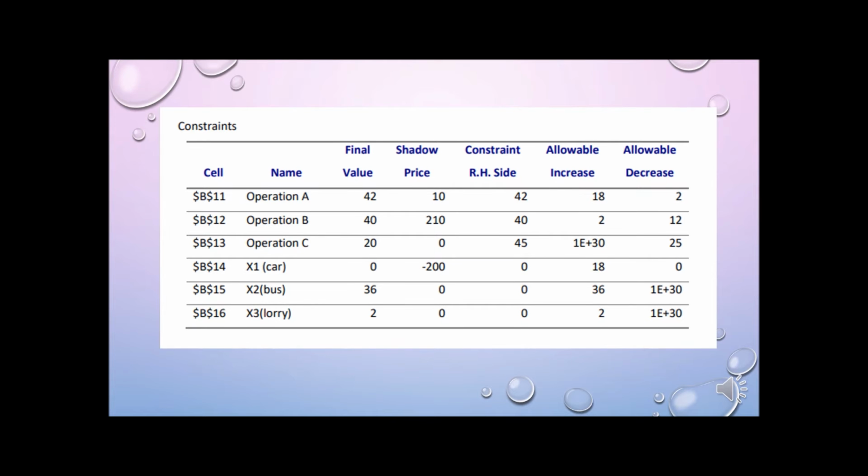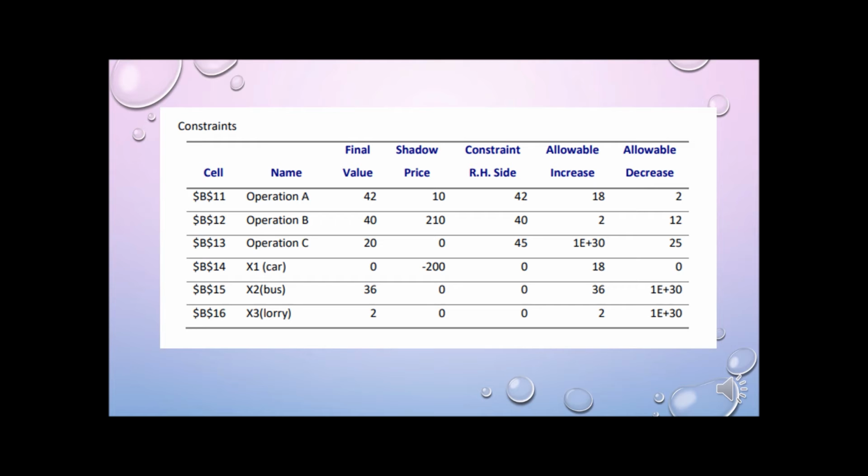This one is X1 car. Final value is 0. Allowable increase is 18, so it can increase 18 units to make profit increase. Next, X2 bus. Final value is 36.